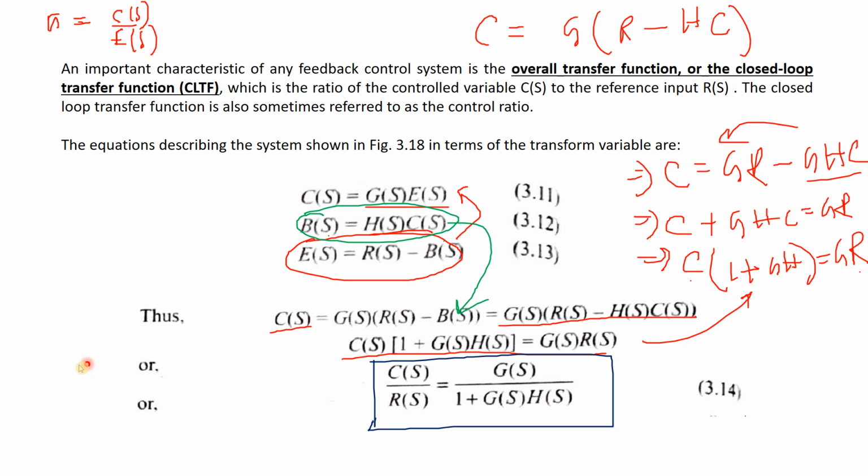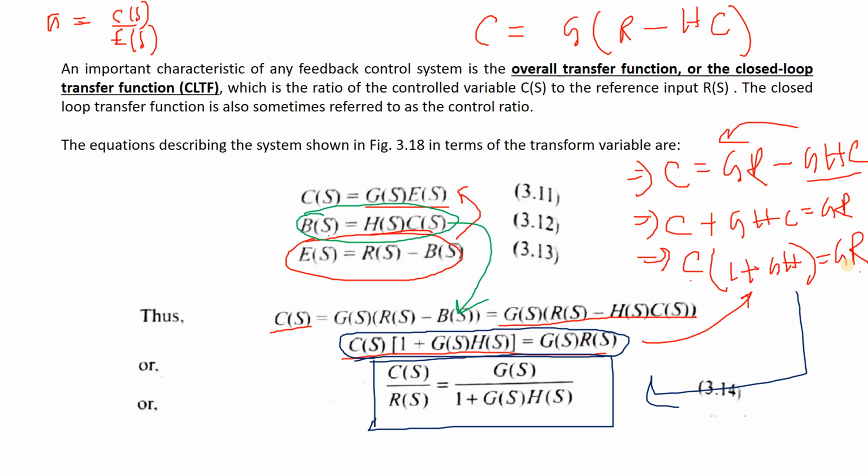Sir, the last step, sir. The last step: C into 1 plus GH equals GR. If you go back to this equation, C means CS, I'm just omitting the S. In the S domain, CS bracket 1 plus GSHS equals GS into RS.